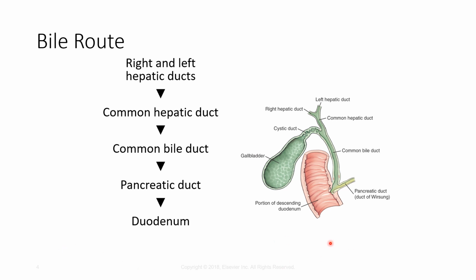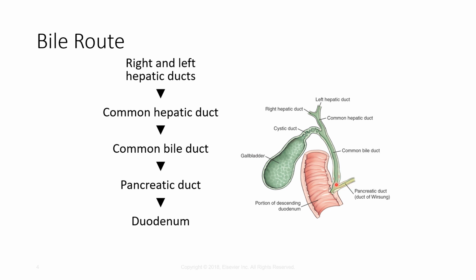This picture right here is referenced in figure 12.5 on page 459, and this shows once bile is made in the liver, it literally comes out of the liver through the left and right hepatic ducts, which are right here, and then it comes down the common hepatic duct. If it were to be used right away, it would come down the common bile duct.